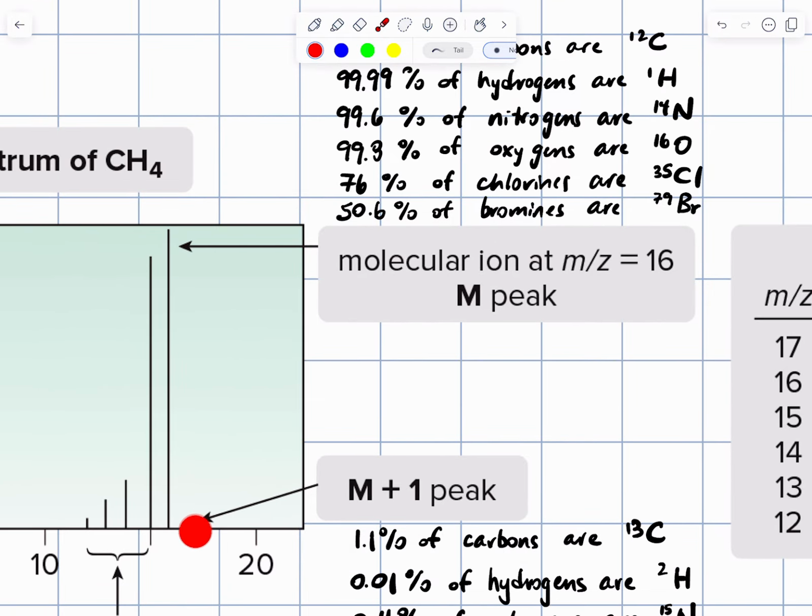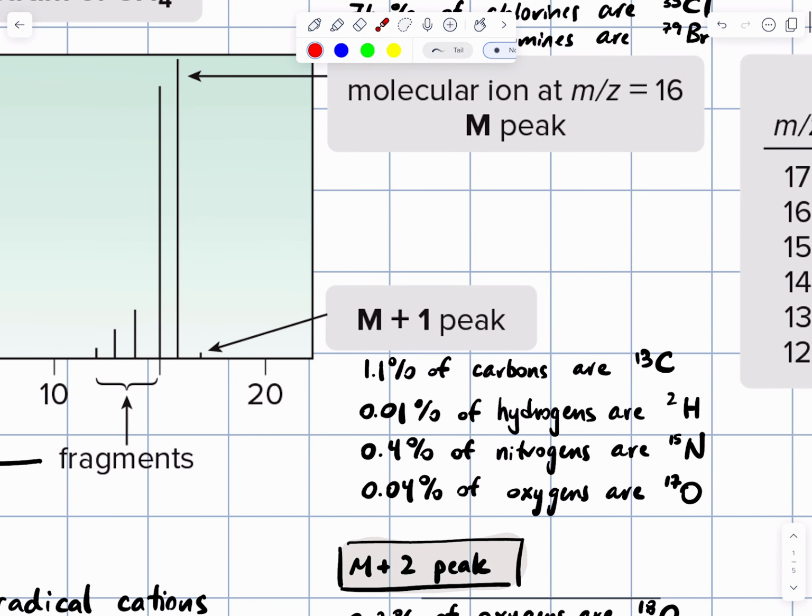This peak at m+1 represents molecules that have 1 extra neutron. For the case of methane, that might be a C13 isotope, or it might be a deuterium isotope. Okay? Does that make sense? So you're literally seeing the isotopes that are mixed into your sample based on natural abundance.